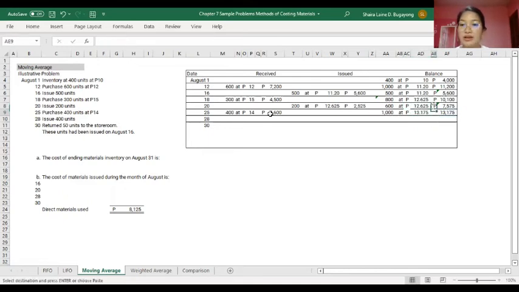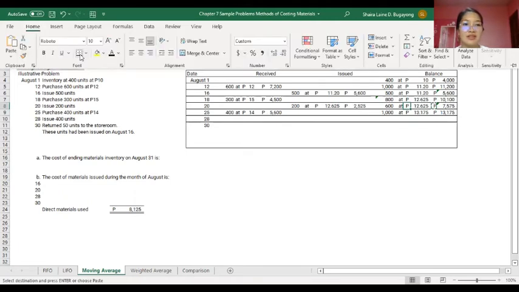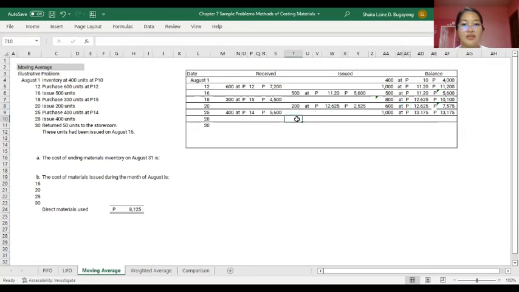Unit cost will now be 13.175. Okay. And then on August 28, nag-issue na po ta og 400 ka units at kanang dayon nga unit cost 13.175.